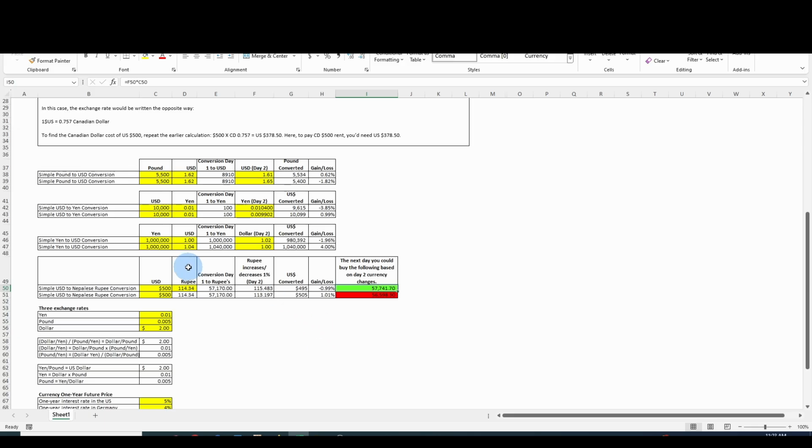That's fine. But had I bought at 114.34, it increases to 115.483. I have a loss. Okay? And then here, the same thing. If you look at this F51, 113, rupee drops, then I'm only going to get 56,000 rupees.